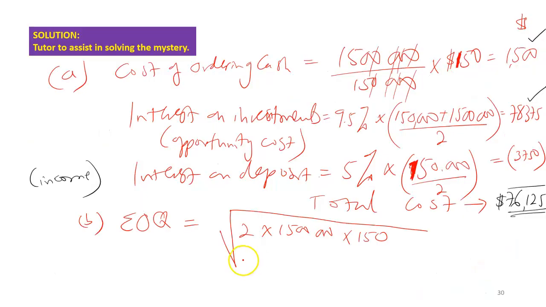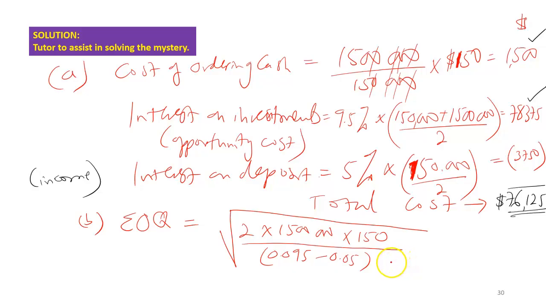And we divide this whole figure by the net interest cost. Remember when we said net, we are saying income minus cost or cost minus income, whichever way. So there was 9.5%, which was 0.095, minus the 5% from the bank, which was 0.05.